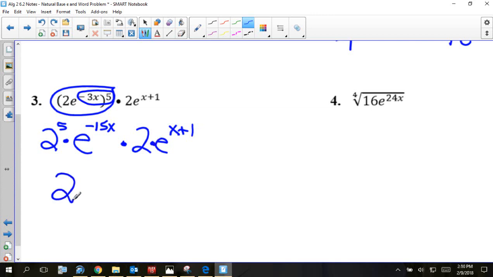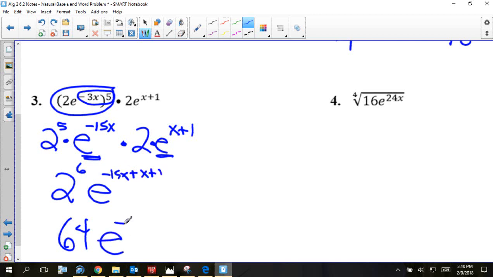Remember, I add my exponents, which eventually I'll simplify down to 64. Now I'm multiplying the e's, so I'm going to add the exponents. I'll have e to the negative 15x plus x plus 1. And then I'll simplify that and get e to the negative 14x plus 1. Just using your basic exponent rules.